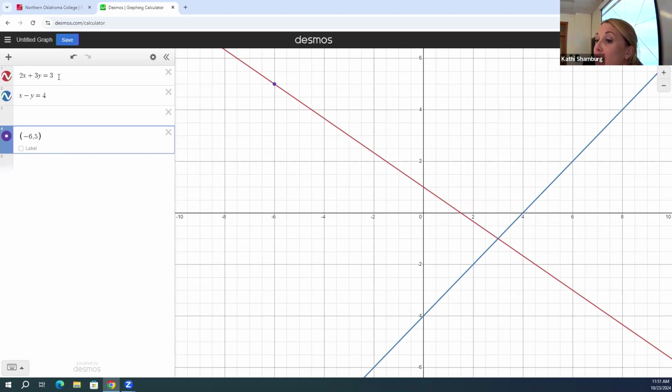So 2 times negative 6 is negative 12. Plus 3 times 5 is 15. Well, what's negative 12 plus 15? 3. So it algebraically satisfies that equation. I could choose another point. Let's see, this is 0, 1.